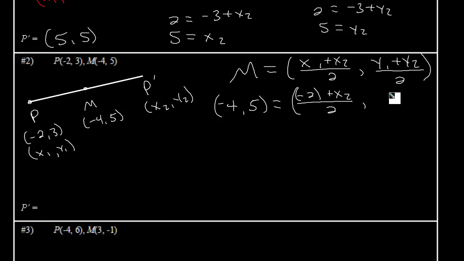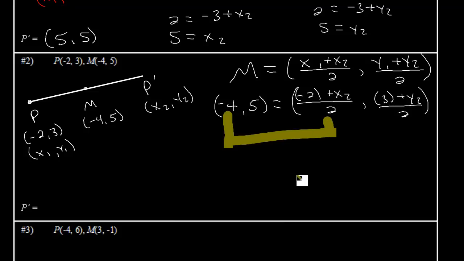My y values are 3 and y sub 2. Now once again, this negative 4 is equal to this fraction. It's the first number in the ordered pairs, and they are equal to each other. So we get negative 4 equals negative 2 plus x sub 2 over 2.